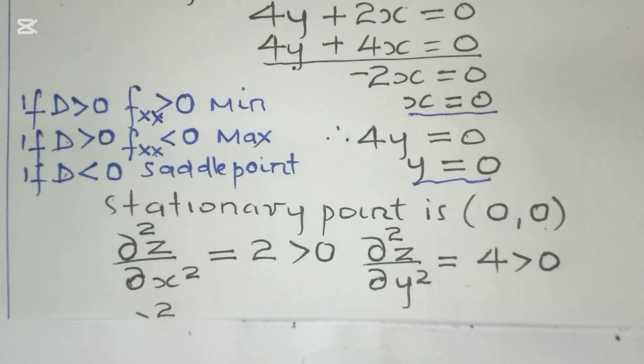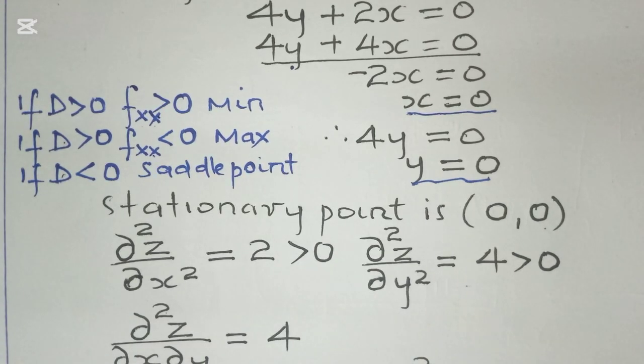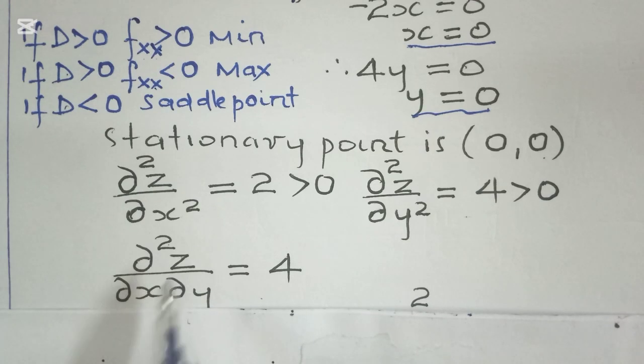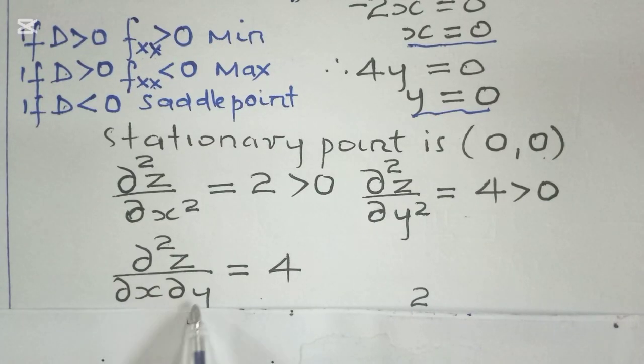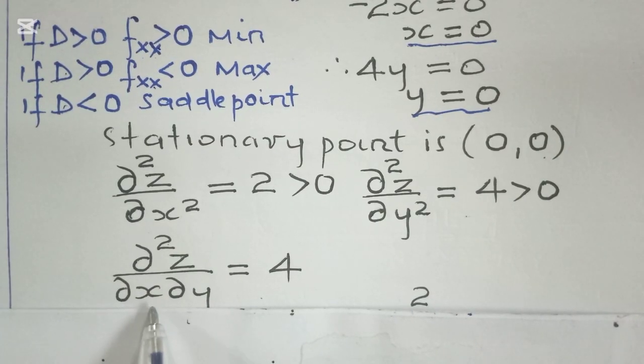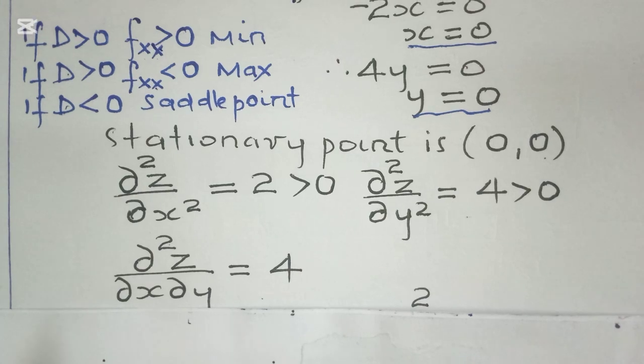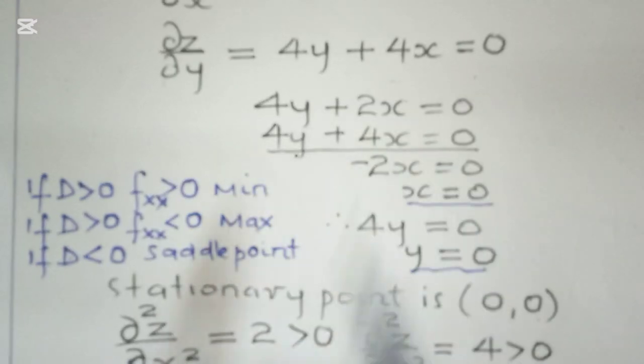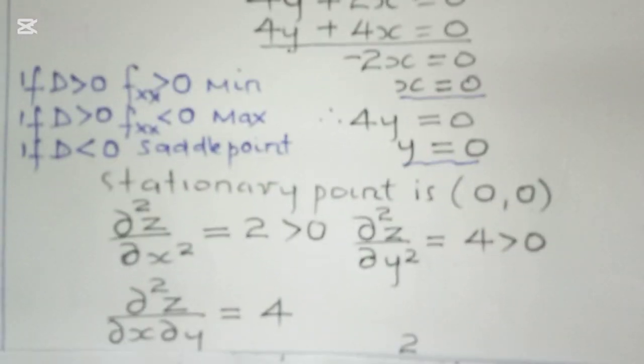So let's now go to the second, whereby we differentiate this. We are differentiating with respect to y, that is second order for y. Here we have the y. We differentiate it with respect to x, and we get the solution 4.